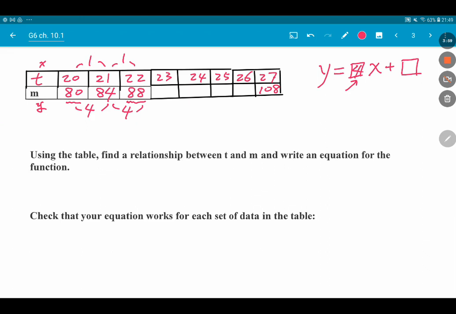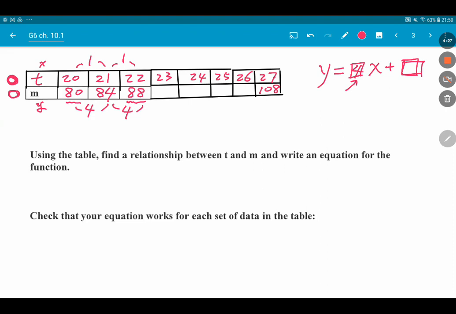And now to find the second box, we have to make sure that t goes all the way to 0. We are not going to do that step by step, but if you expand the table on the left side, if you keep on going down from 20 all the way to 0 for t, then m would also reach 0 in this case.